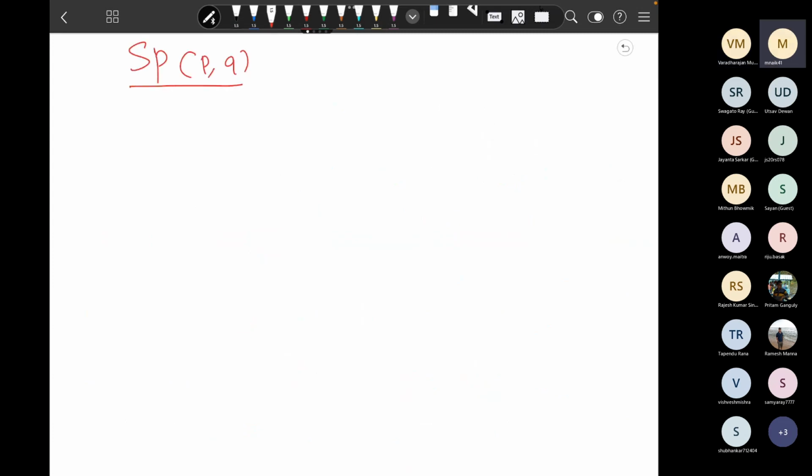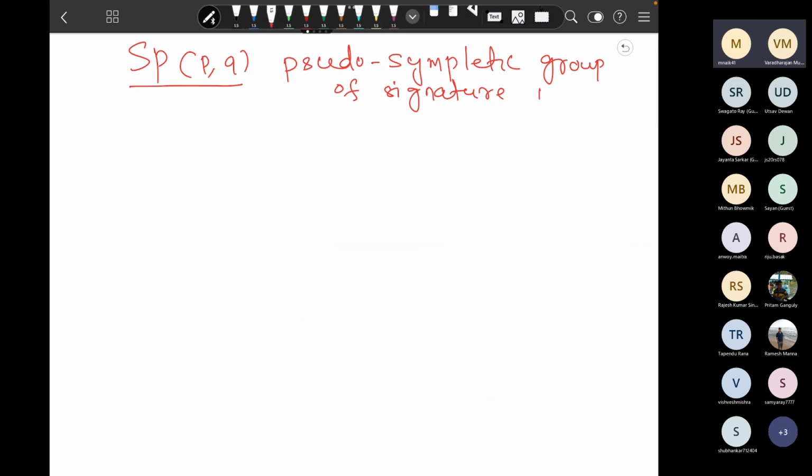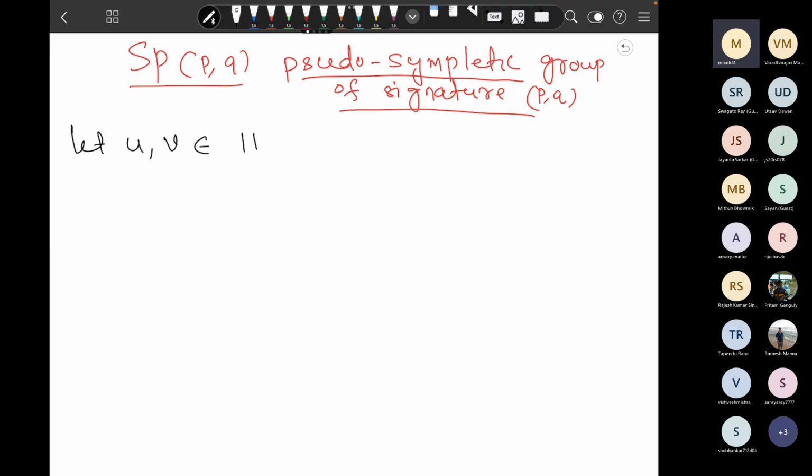This is the pseudo-symplectic group of signature (p,q). Okay, so let u, v belong to H^(p+q).